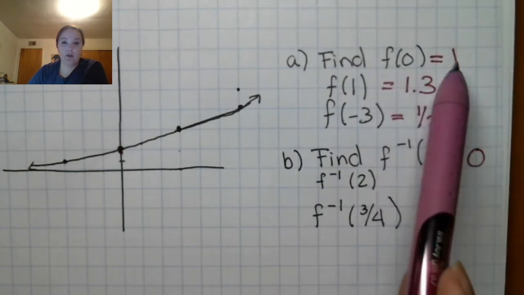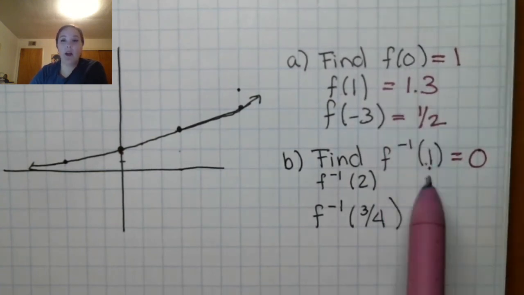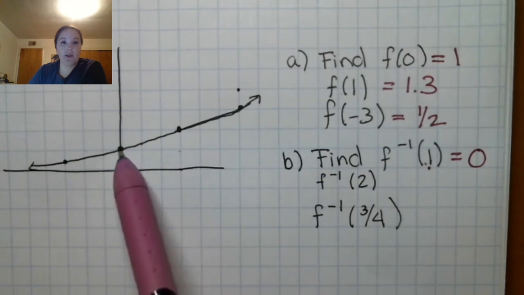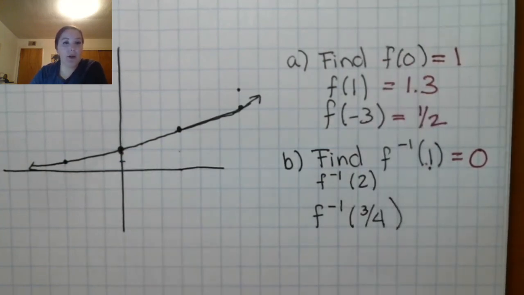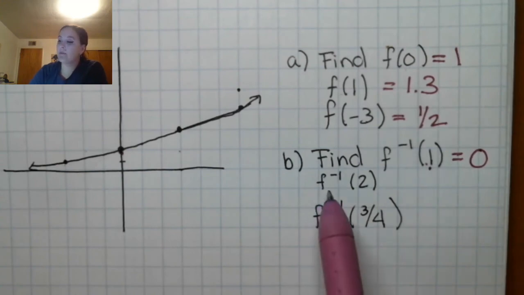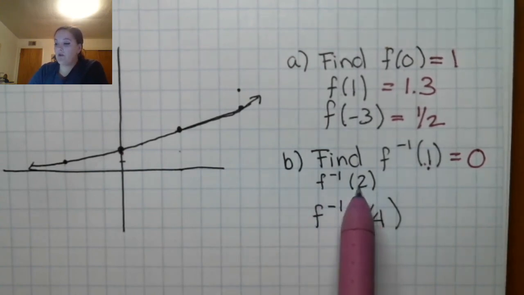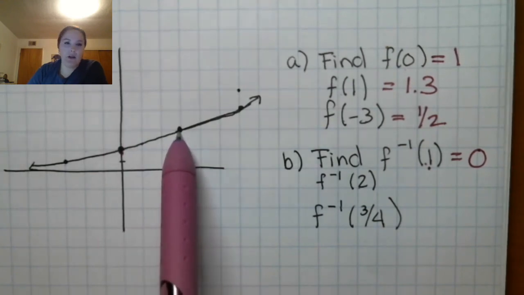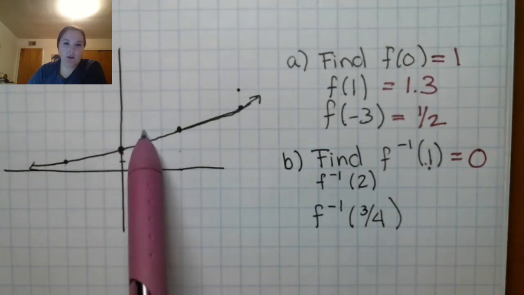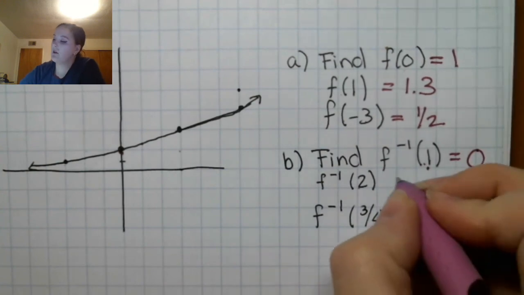The ordered pair is 0, 1. These both refer to this same point. These are just two different ways of asking about this point. Now we're looking for the y value 2, 1, 2. So that's here, and we'll give its corresponding x value, which is 1, 2, 3.